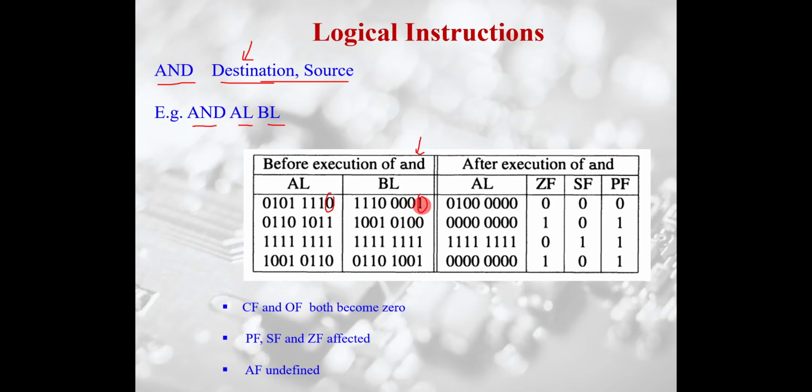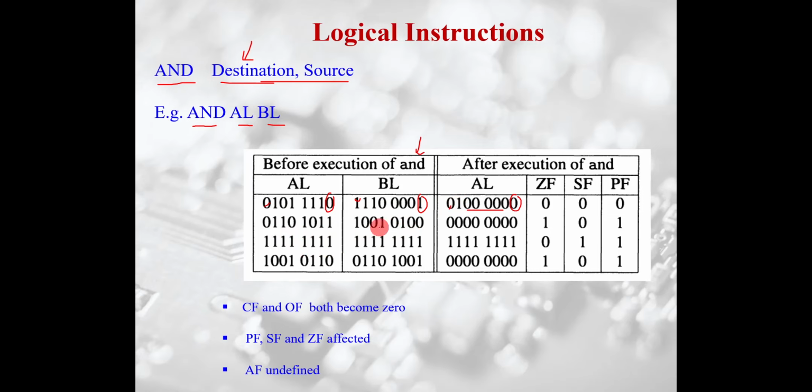So 0 and 1 will give 0. From here to here, all the bits are different, so the result is 0. The only place where 1 and 1 are available is the second bit from the left-hand side, and hence I have a 1 here. This is another example.